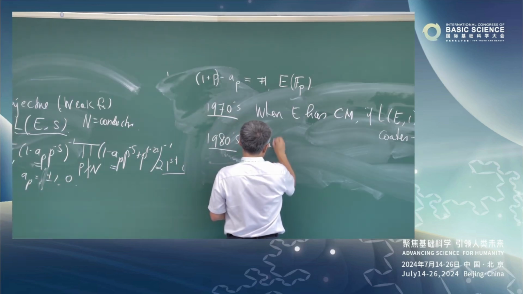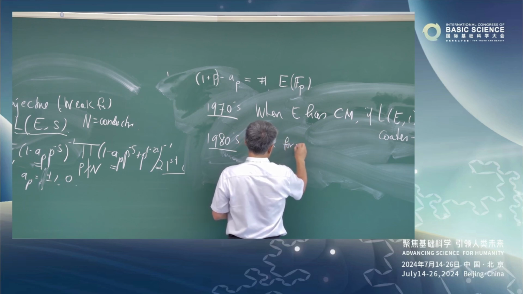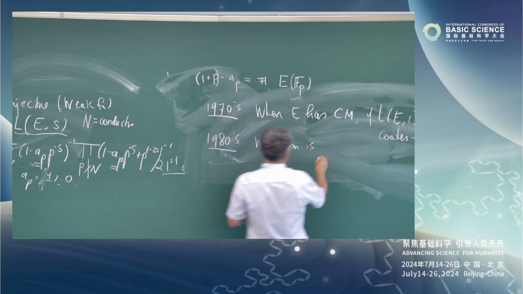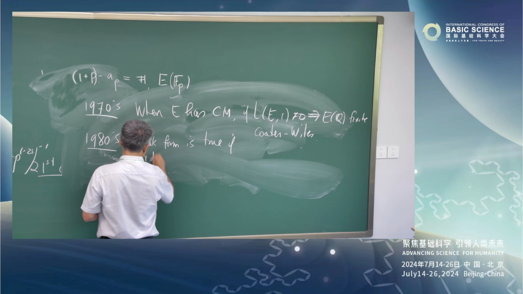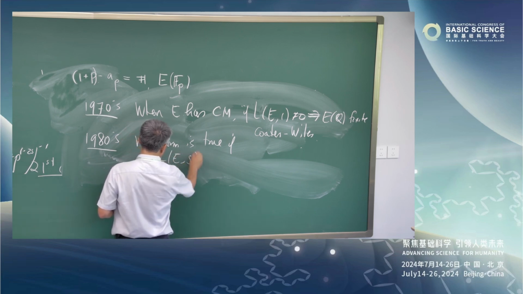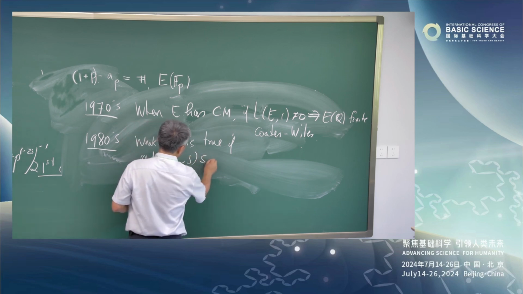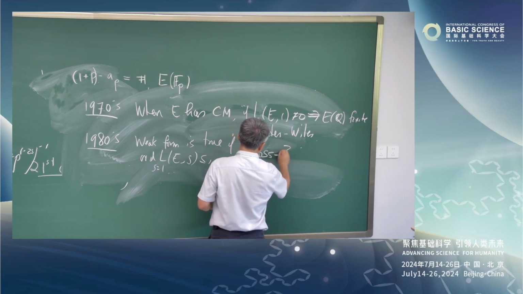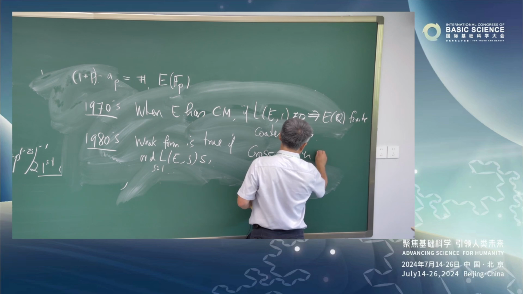Weak form true, plus if the order of vanishing is one, this is Gross-Zagier plus Kolyvagin.